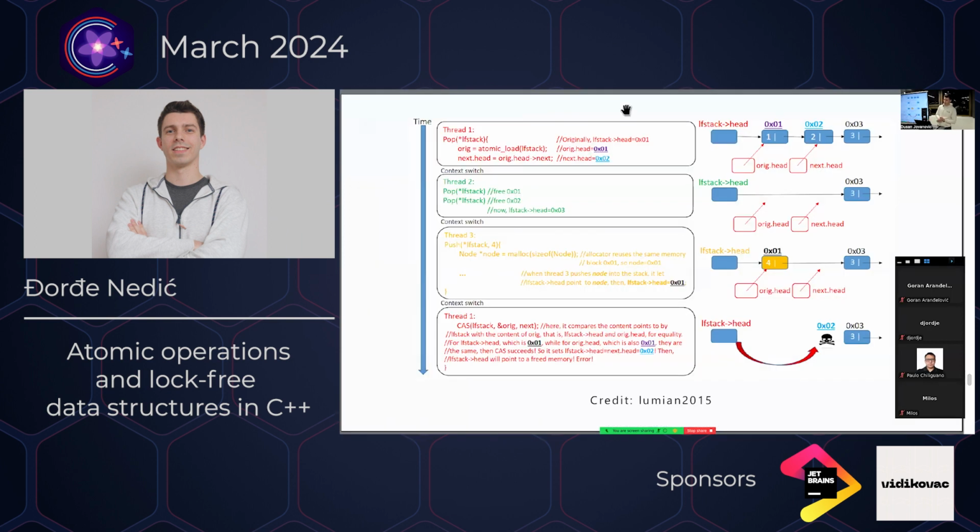So the ABA issue is that this is an example from a lock-free stack. But the ABA problem is that you can basically compare and exchange. However, if for some reason the variable has changed many times and is the same one that you expect to be, again, but the whole data structure around it has done a lot of things, it has changed.